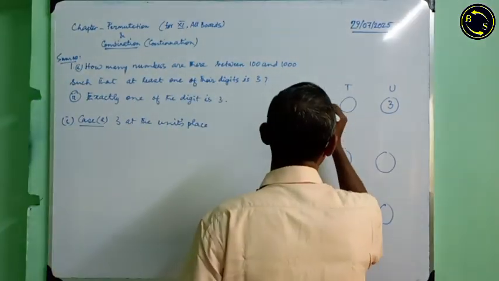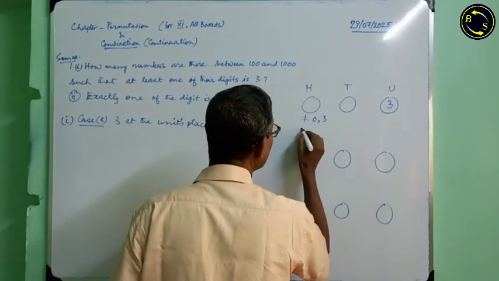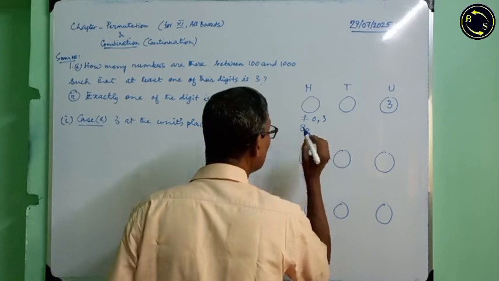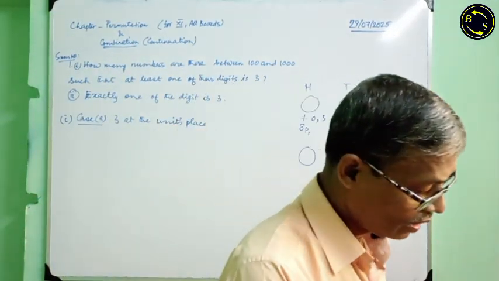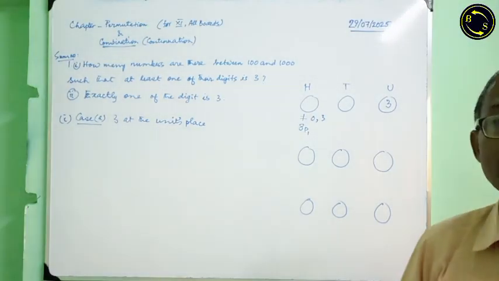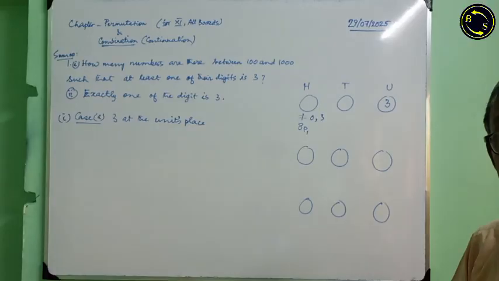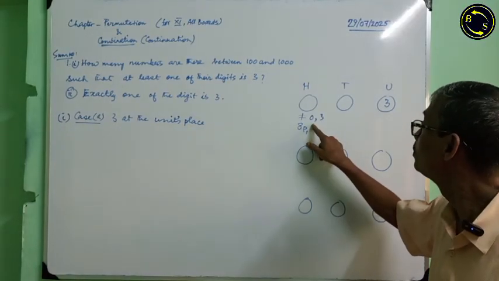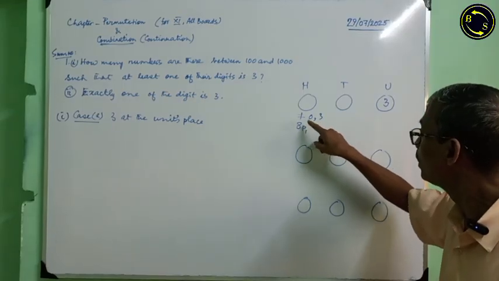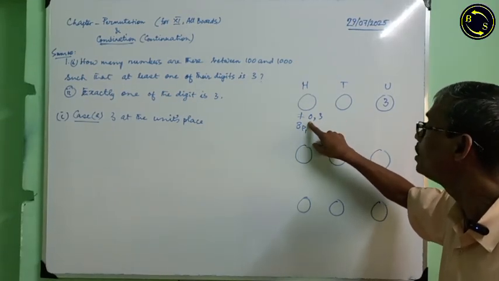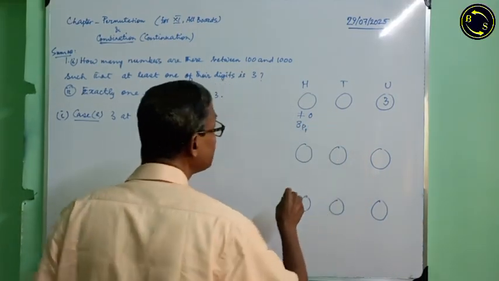That means this place can be filled in 9 ways. Total number of digits is 10. Since 0 cannot be placed here, therefore this digit cannot be 0. Sorry, 3 may be occupied.